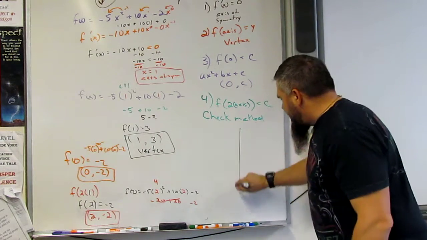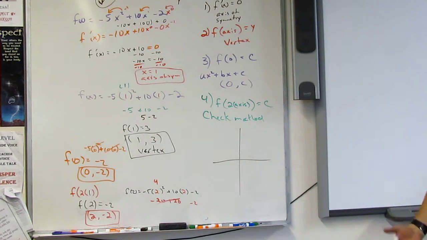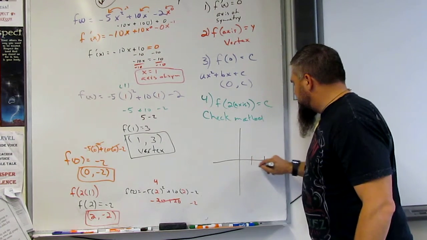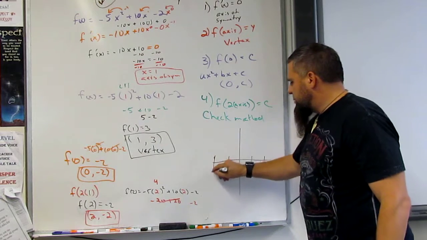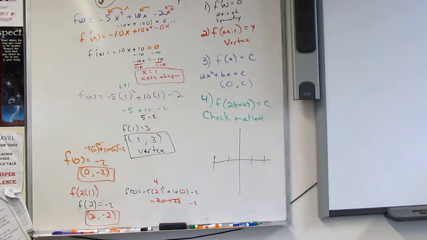So when I'm graphing, I got to look at my points and go, well, I've got 1 and 0 and 2 in the x's. So I need to go up to at least 2. So I'll go 1, 2, 1, 2. Okay? And with the y's, I have negative 2, and 3.